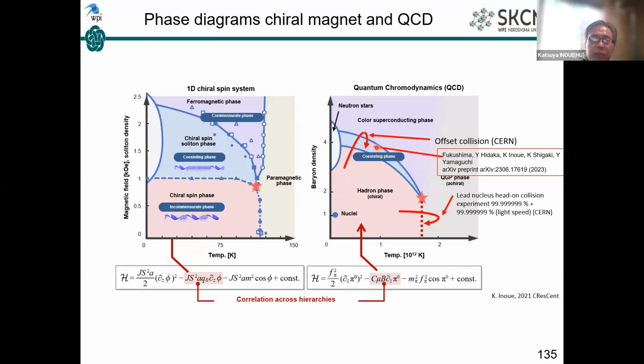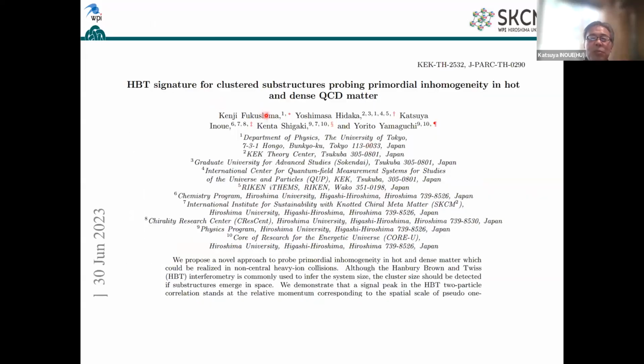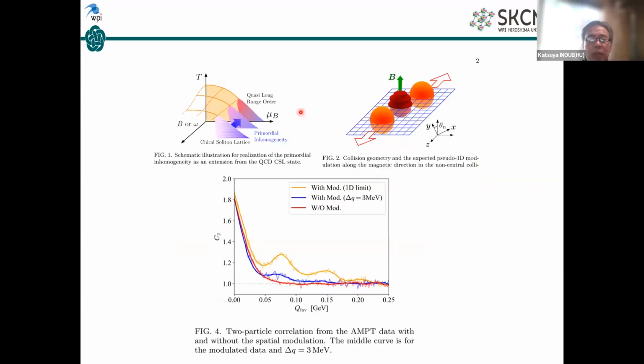What we did: maybe it is possible to observe a spin soliton system like this. In this paper, if we do an offset collision, it generates something like a soliton lattice along the Z direction.